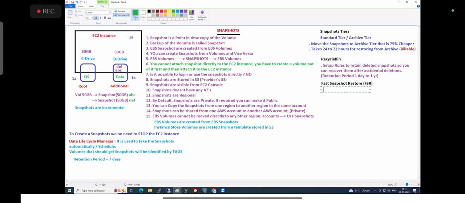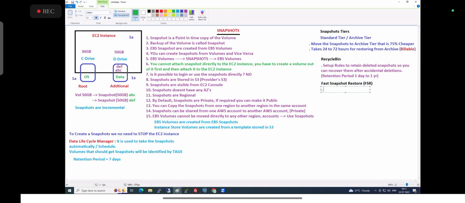The volume will not be created just like that from the snapshot. It will take time. But if you don't have time and you want to use it immediately and get full performance from that volume, by default AWS will say, wait. If you say no, I don't want to wait, AWS says okay, you pay money and I'll give it to you.